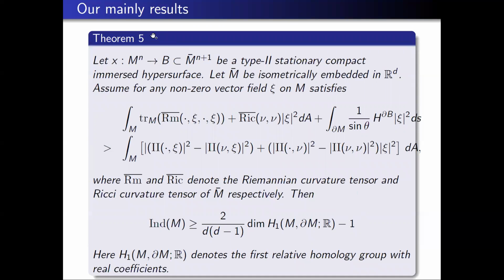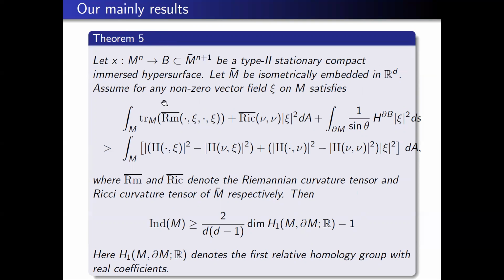And for the higher dimensional cases, we have theorem 5. Let X be a type 2 hypersurface. Let M bar be isometrically embedded in higher dimensional Euclidean space.